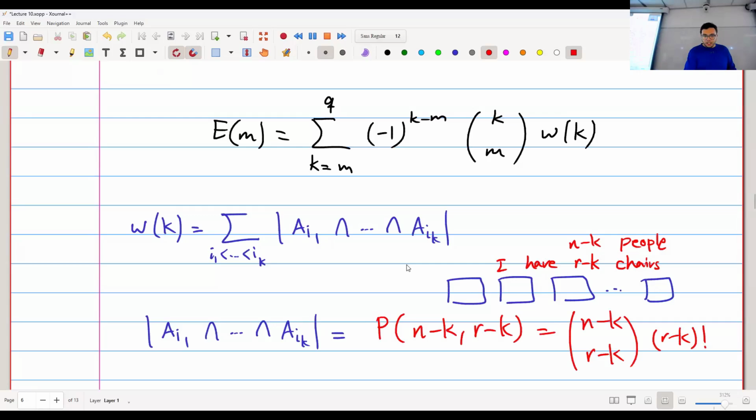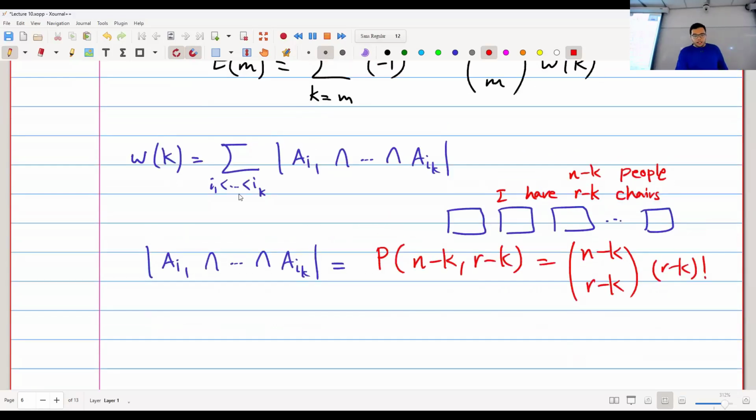So now what do I know about omega k? Omega k is the sum over all possible i1 to ik, but the thing that I'm summing up is always this same value. So I just have to figure out how many different combinations of i1 to ik I can have, because this is a sum going over all the possible combinations, and in each iteration, it's just adding this value.